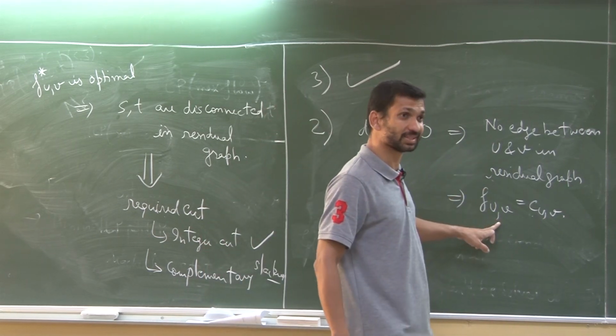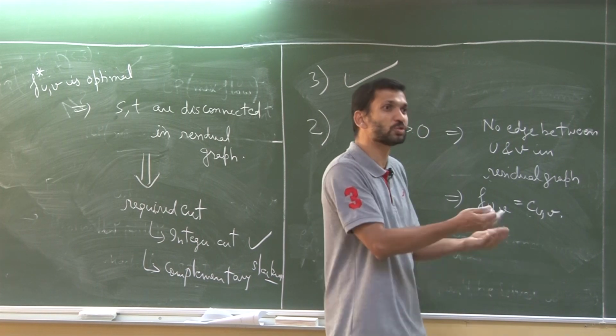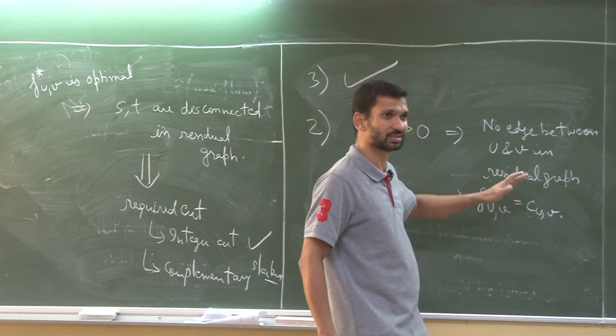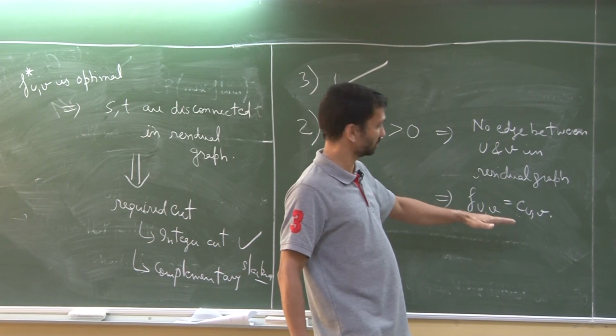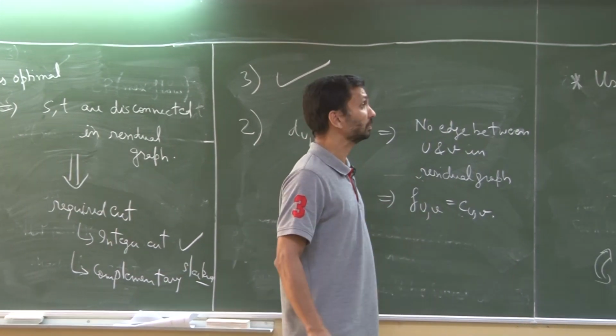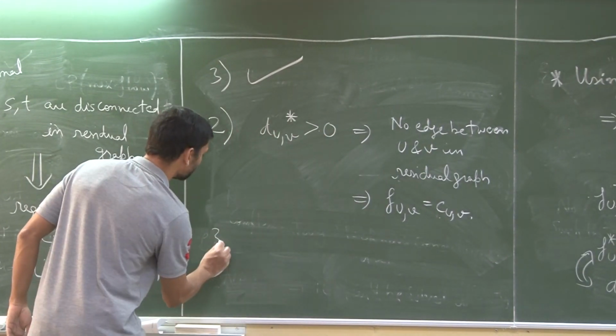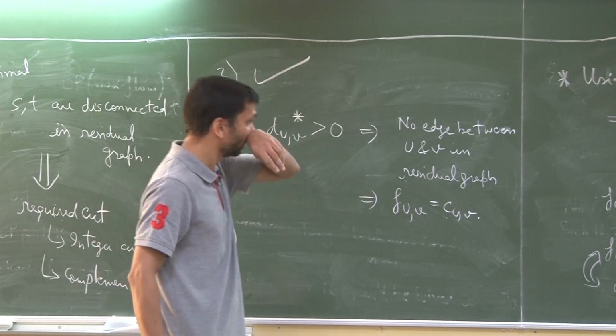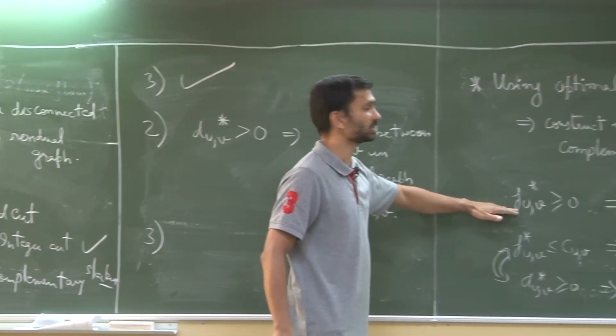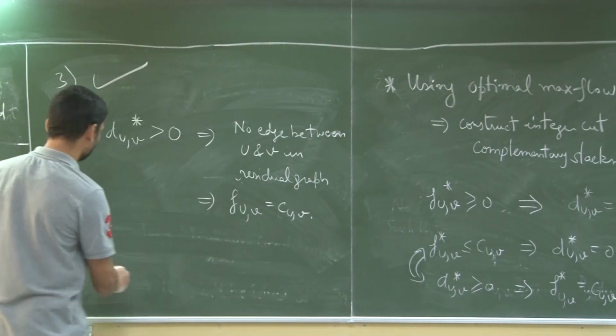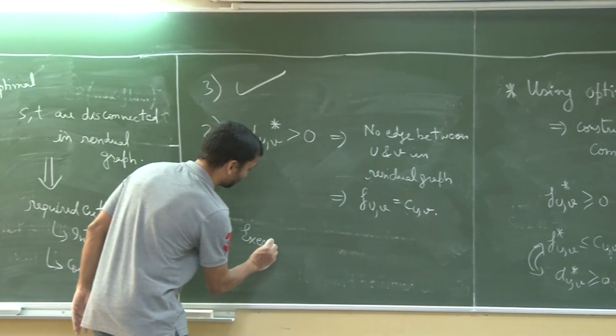This also implies another thing. If F UV was more than 0, then also I will get this edge, but I don't care about that condition. I only care about this. Okay. And now this condition, I gave it as an exercise.